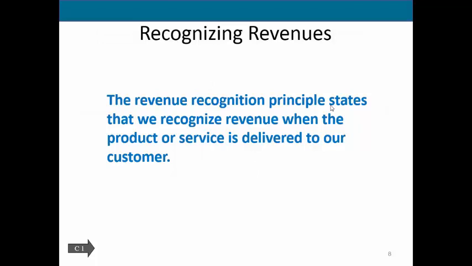Now when it comes to recognizing revenues, we follow what we call the revenue recognition principle, and this states that, again, we're using accrual-based accounting, and it simply tells us that we recognize revenue when we have earned it, meaning that we have either given the product to our customer, or if it's something that we're sending through the mail, that we have actually delivered that item.